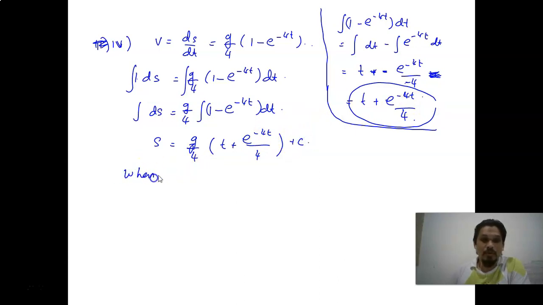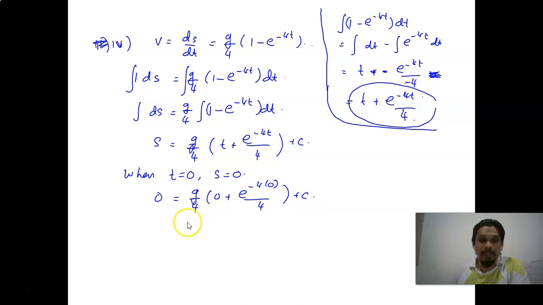So when t equals 0 and s equals 0, s0 here equals g over 4, t equals 0, 0 plus e power of negative 4 times 0 divided by 4 plus c. e power of 0 equals 1. 0 plus 1 over 4 equals g over 4 multiplied with 0 plus 1 over 4, 1 over 4 plus c, which is g over 16 plus c equals 0.